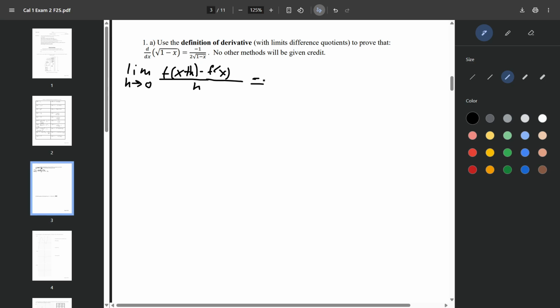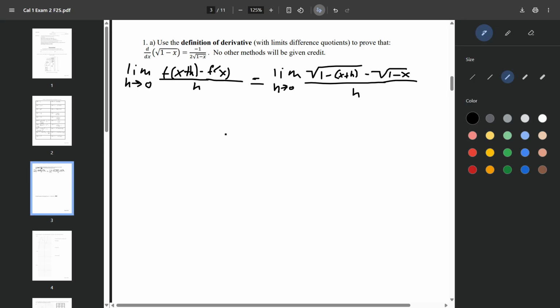So we're going to put the limit of h approaching 0 of root 1 minus x plus h minus root 1 minus x over h. That right there is the limit we're trying to solve for the derivative.